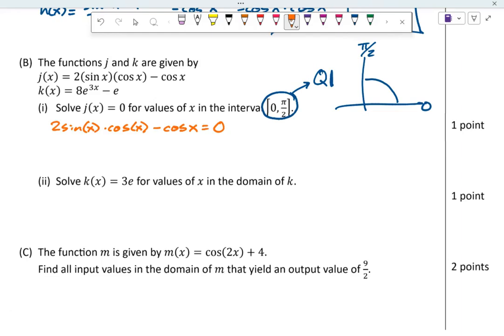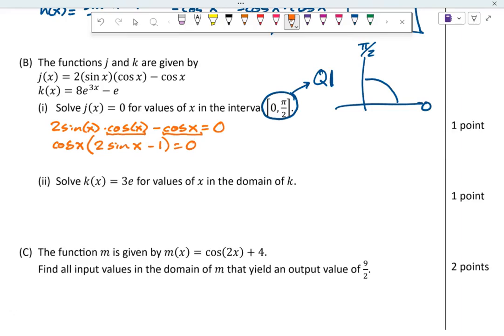What was that, Tiana? Cosine. Do we have cosine in both terms? Yeah, we do, and that's a GCF, so I can factor out cosine. If I factor out cosine, what do I have left? 2 sine x minus 1 equals, and then what do I do with each of those factors?